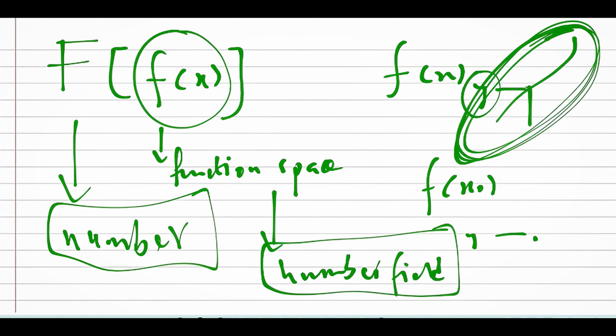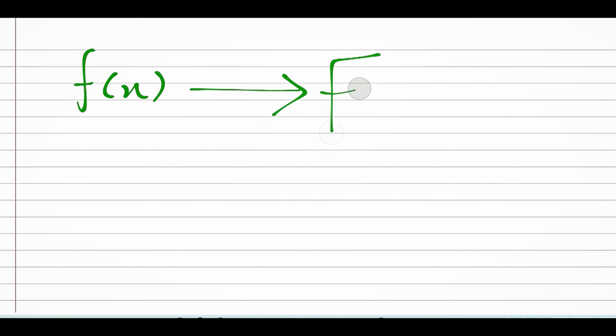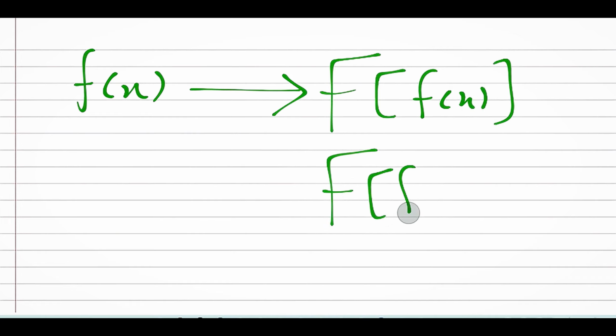And yeah, this is all about what in introduction you should see about functionals. It's a mapping from f of x as argument to a functional. Or you can write it simply like that. That's totally fine.